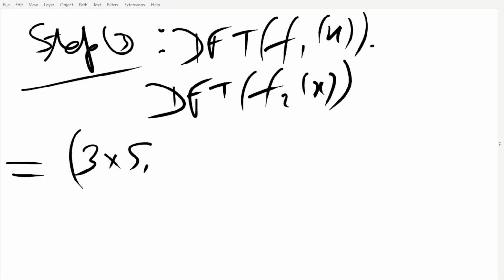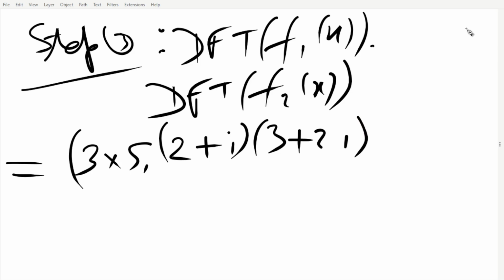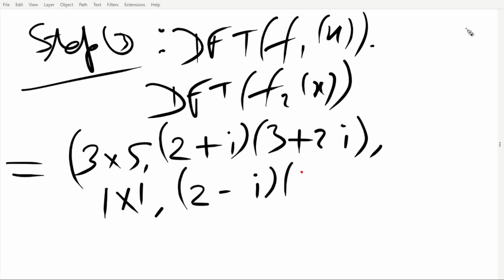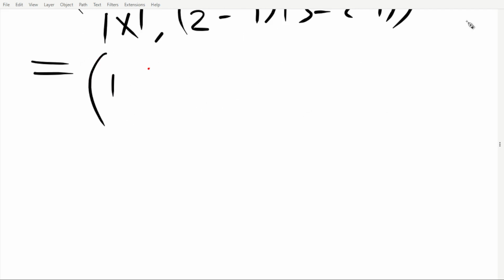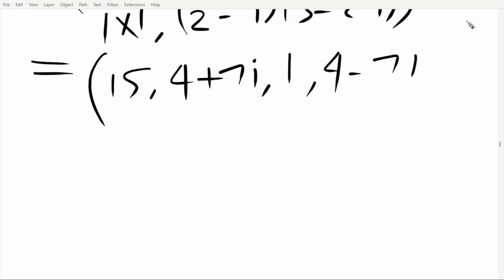I will just write the values, do not evaluate. 2 plus i multiplied by 3 plus 2i, then 1 multiplied by 1, then 2 minus i multiplied by 3 minus 2i. Just simplify this to get the value 15, 4 plus 7i, 1, 4 minus 7i. So this is step 3.